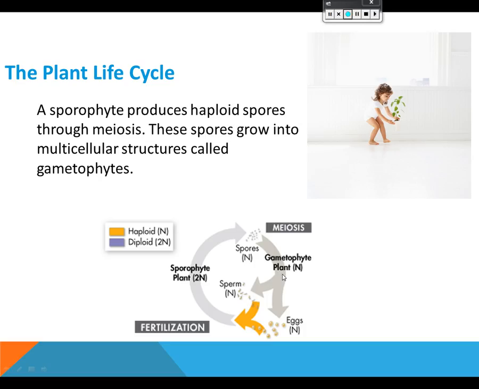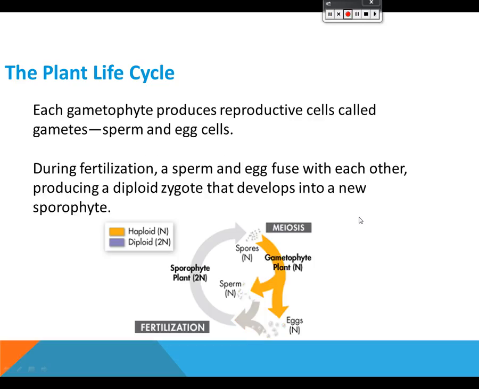In the gametophytes, it's going to contain the sperm or the egg, and in the flower, both the sperm on one side and the egg on the other side. Fertilization occurs, the sperm and egg fertilize with each other, and what do we get? We get that diploid zygote that comes out, which again is what we refer to as the sporophyte. And the cycle just keeps going over and over and over. Okay?